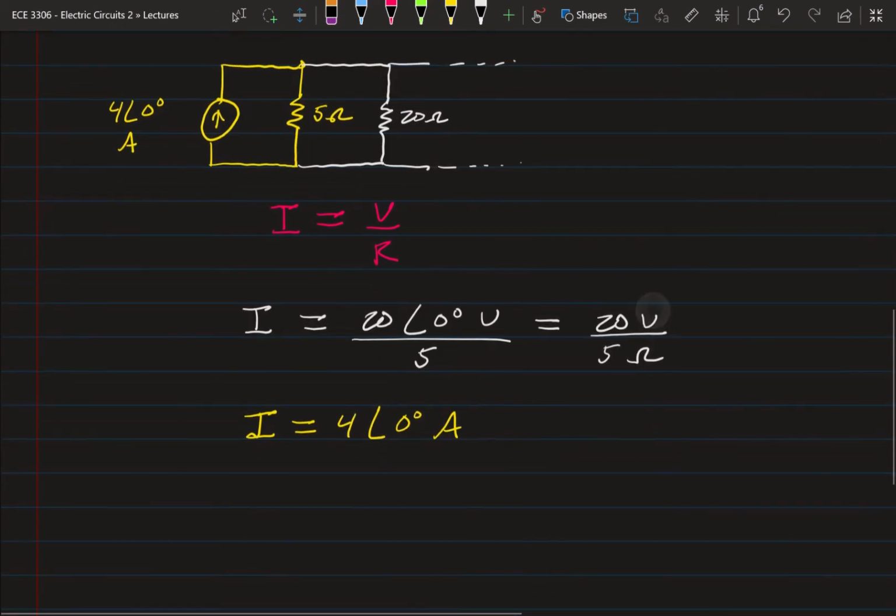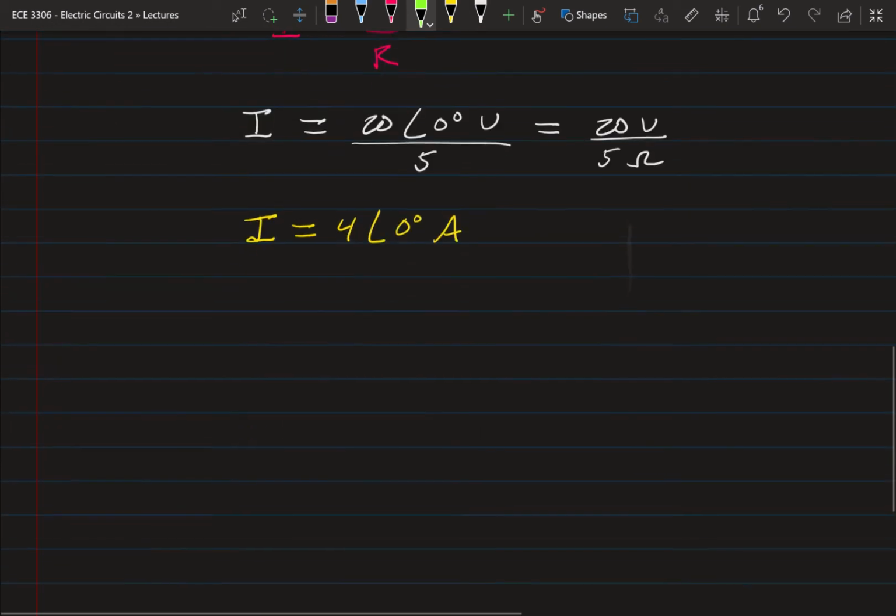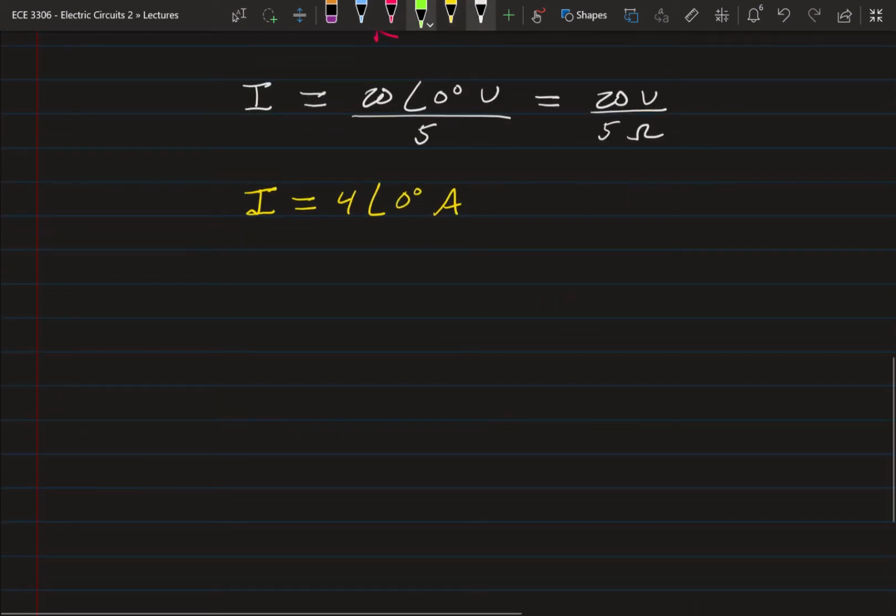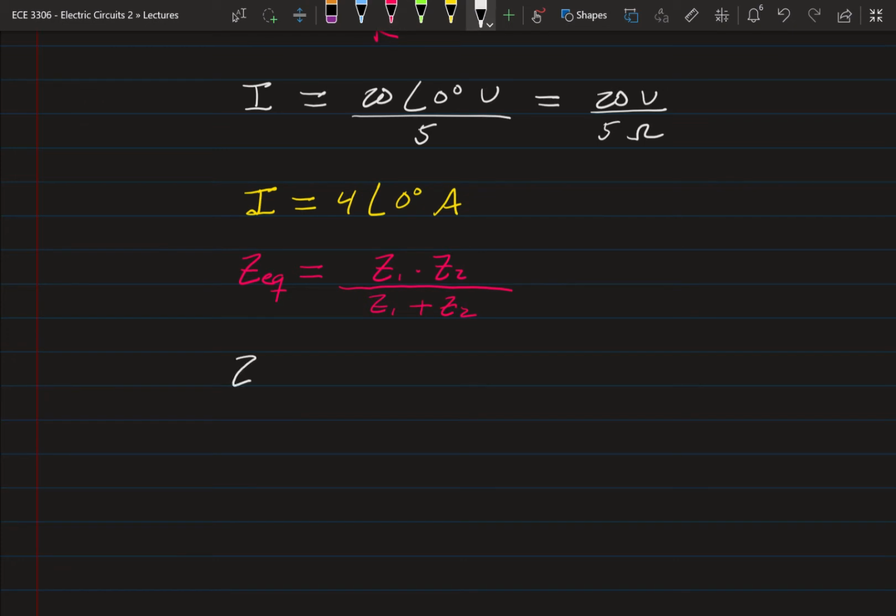All right, then next up, we can combine these impedances in parallel. Remember our equation for two impedances in parallel: ZQ is equal to Z1 times Z2 over Z1 plus Z2. And since these are all just resistors, it's much easier.